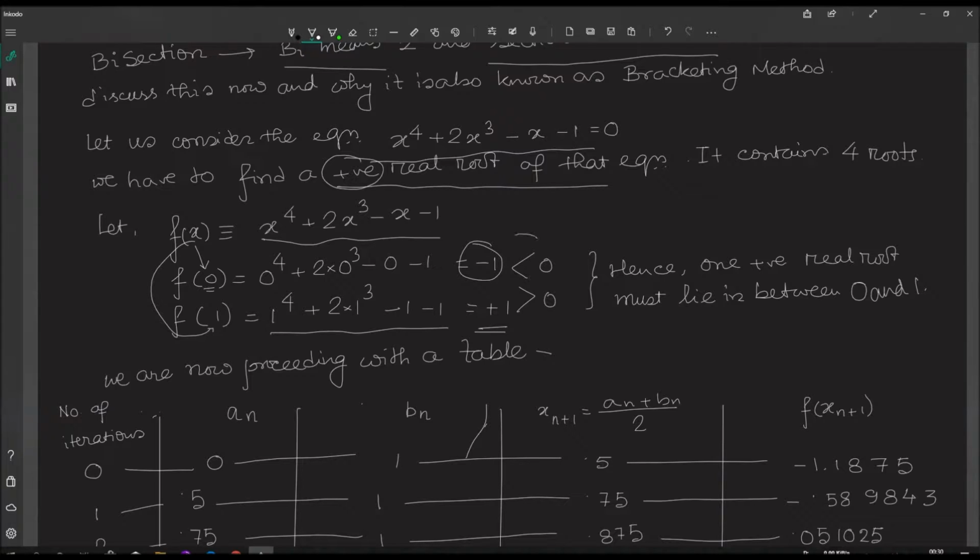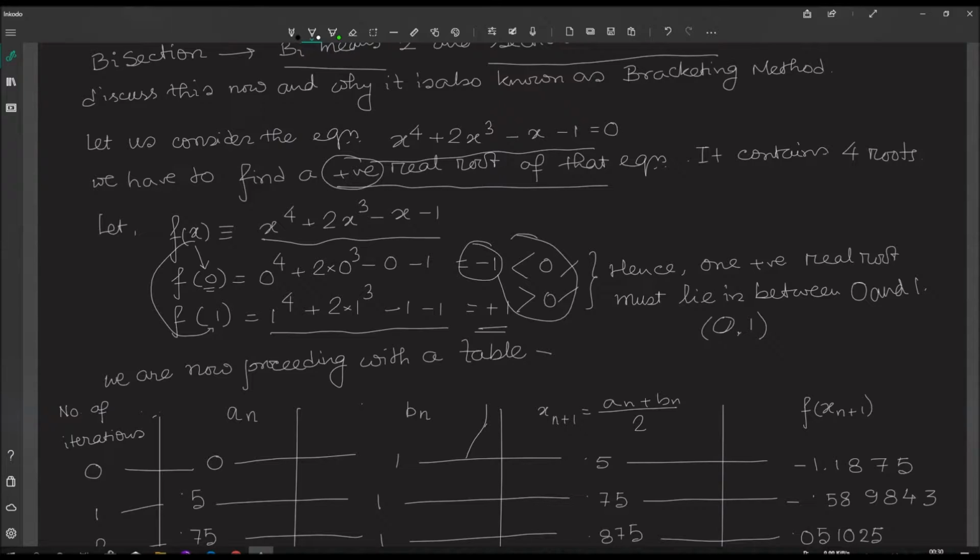As the values of f(x) for 0 and 1 give us opposite signs, minus and plus, we have found the range of the first positive real root, and that is particularly 0 and 1. We can also say that the 0 to 1 range has the minimum positive real root.